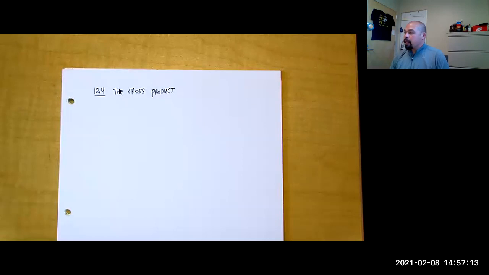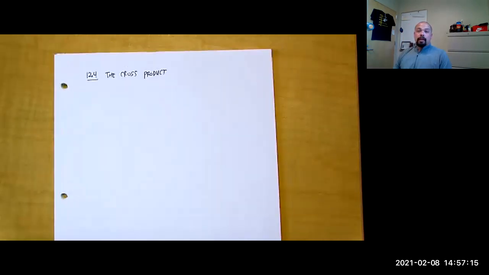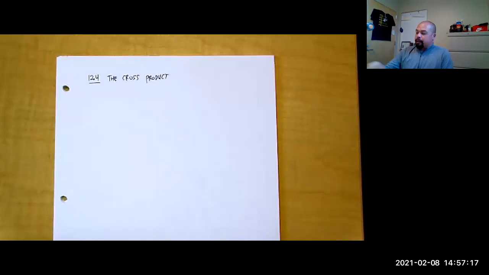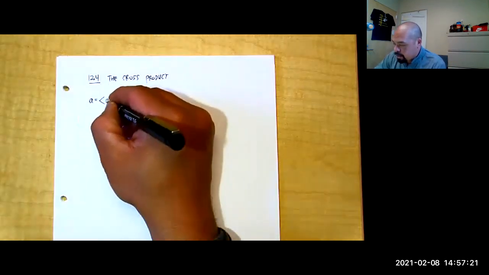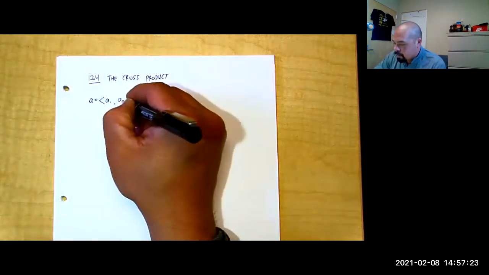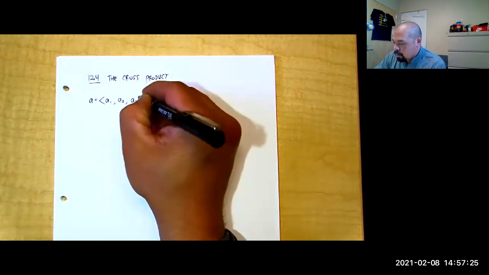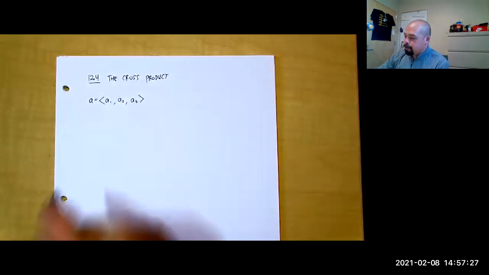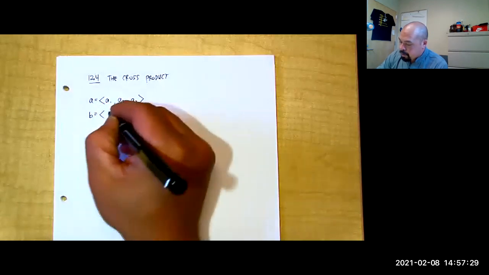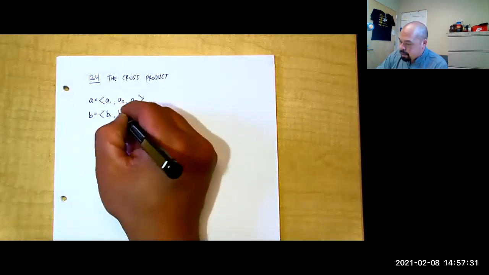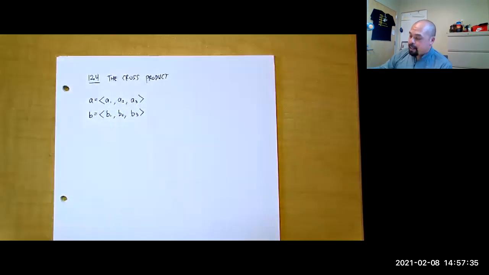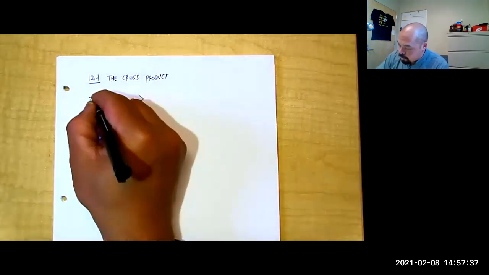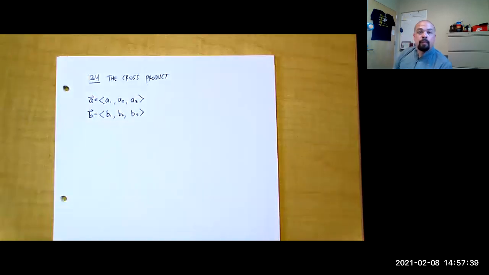In our multivariable calculus, we're looking at the cross product. If we have two vectors, we'll do this with 3 dimensions. When we take the cross product, which should be a vector, I should bring my little arrows in.